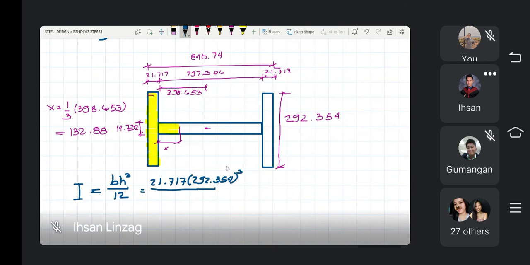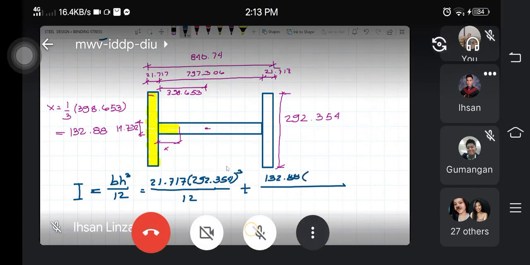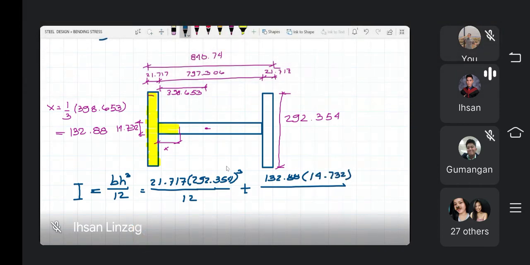This is cube, so all over 12. Plus natin yung 1/3 ng web. Ang 1/3 ng web, what is the base? 132.88. How about the height? 14.732. Correct. So this is cube over 12. So what is our moment of inertia?